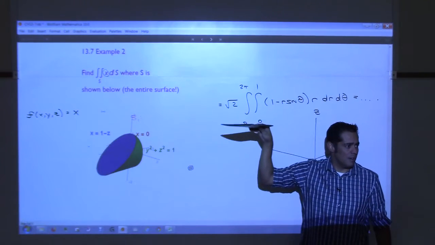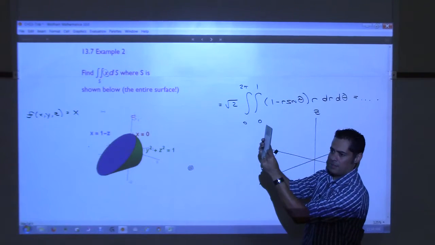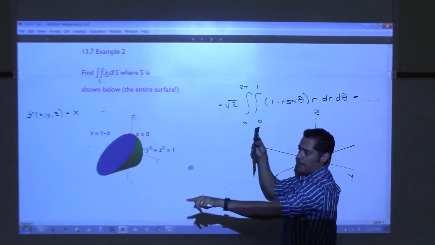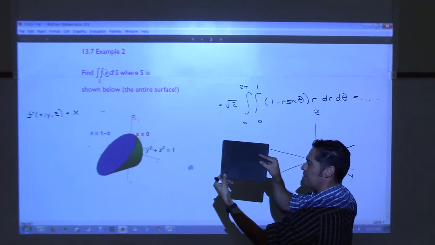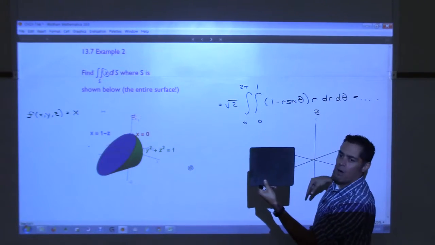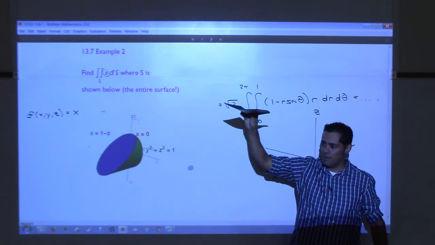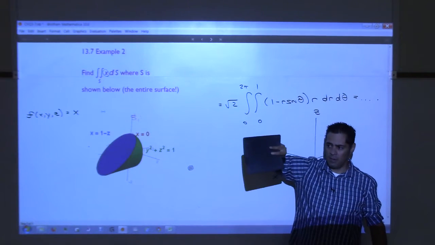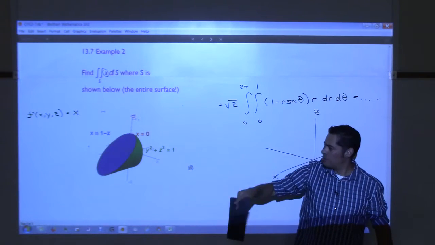Now, if your surface is like this, then the domain is over there, the x, z points. If your surface is like this, then your points are coming from over here, so it's the y, z. Function of x, y; function of x, z; function of y, z. You with that?